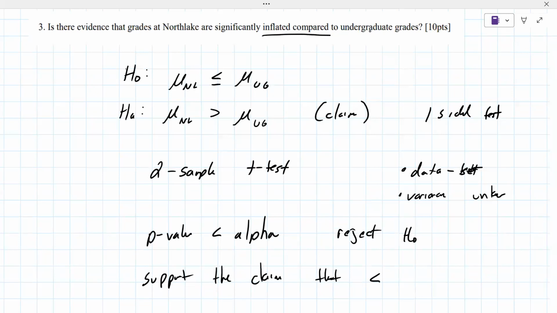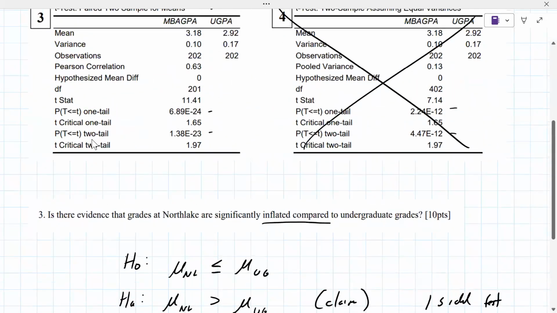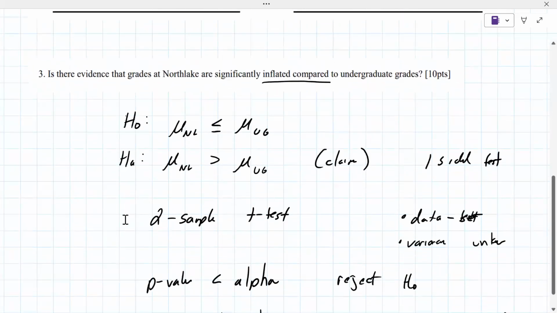The claim always comes from the question or the thing you're trying to prove, and we get there by the p-value. If it's less than 0.05, then we reject the null hypothesis, correct?